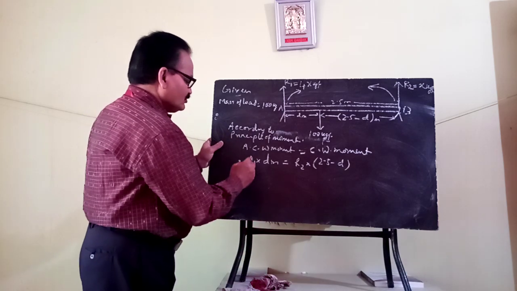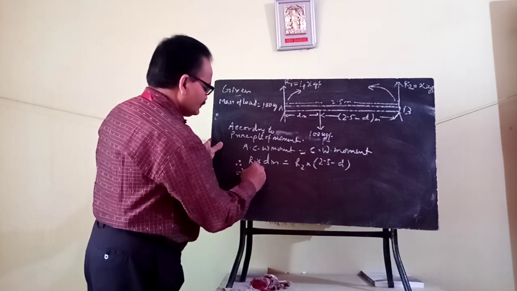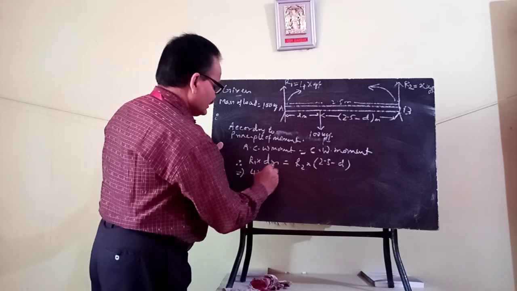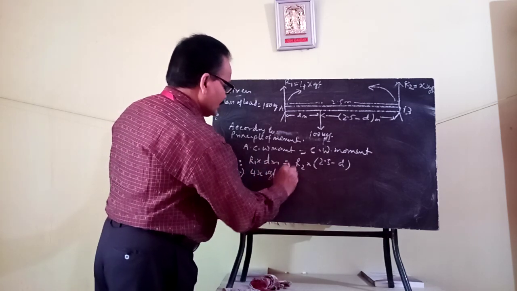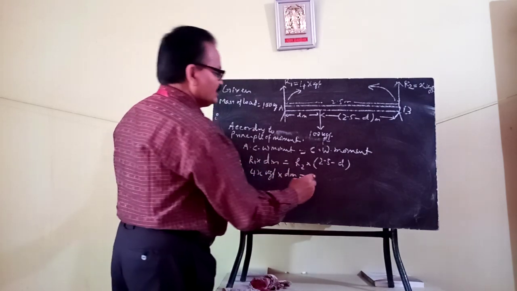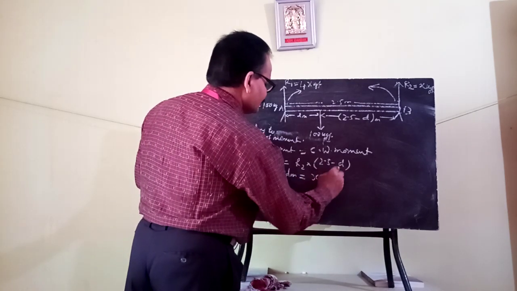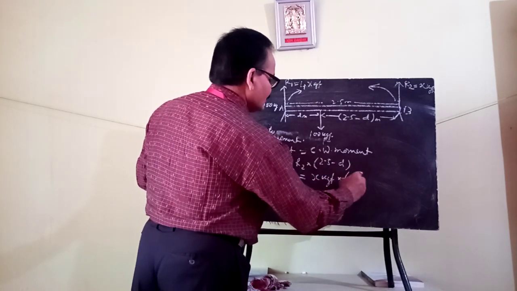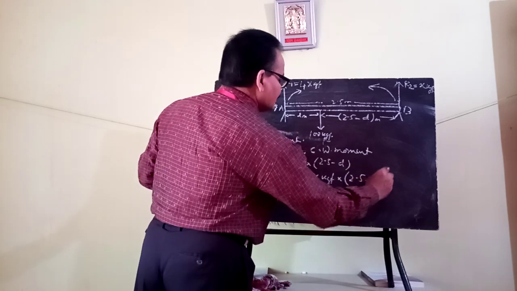Clear? So here R1 is 4x kgf into d meter and R2 is x kgf into 2.5 minus d meter.